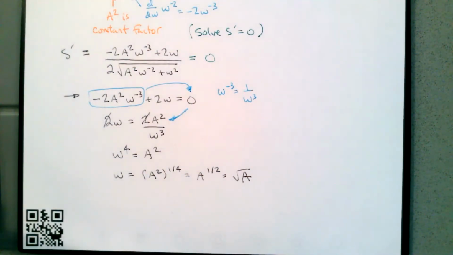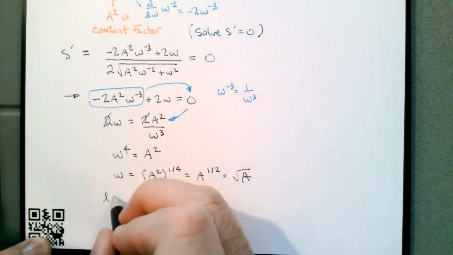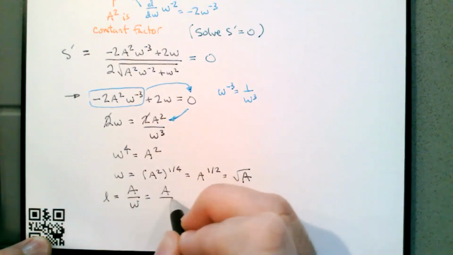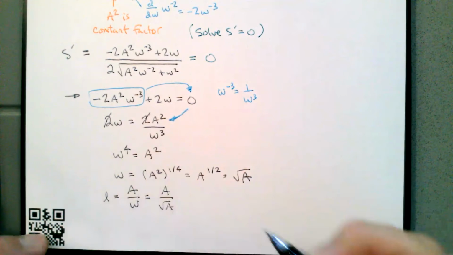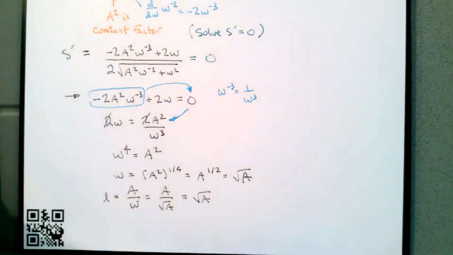So we find that w is the square root of a. Now we can take this back to our constraints, and we remind ourselves that L is a over w. And since w is the square root of a, L is a divided by the square root of a. So L is also the square root of a. So this confirms our suspicion that a square is a rectangle of fixed area that has the shortest diagonal.